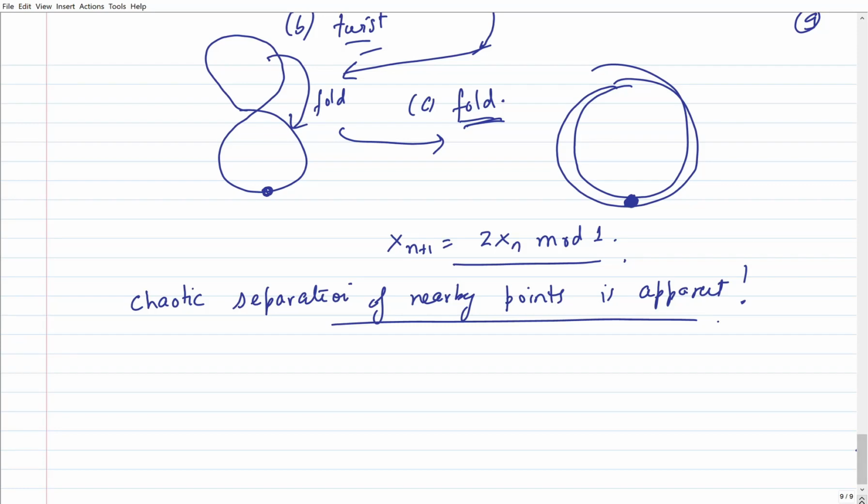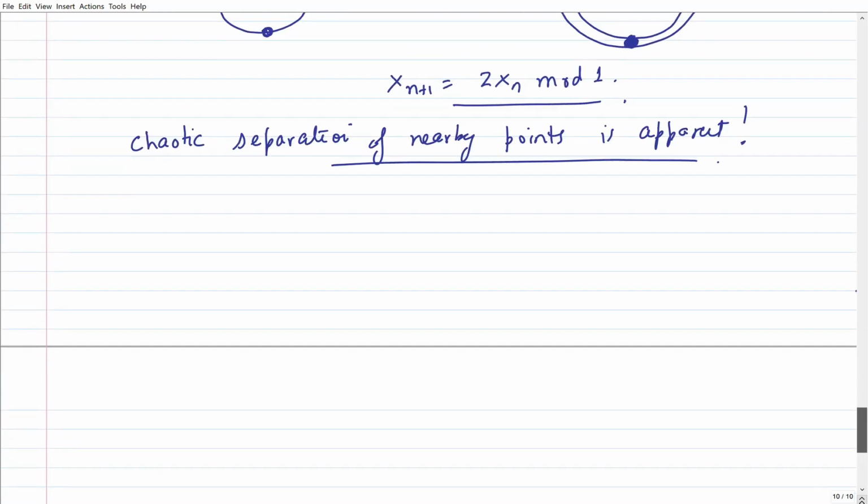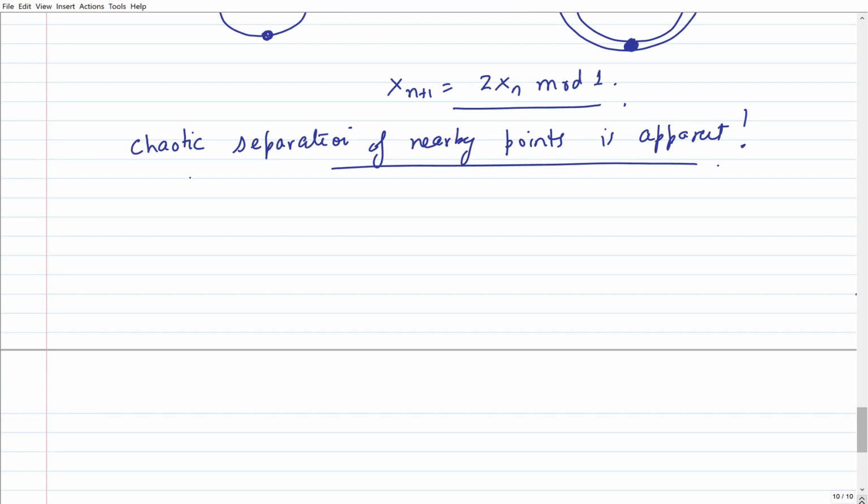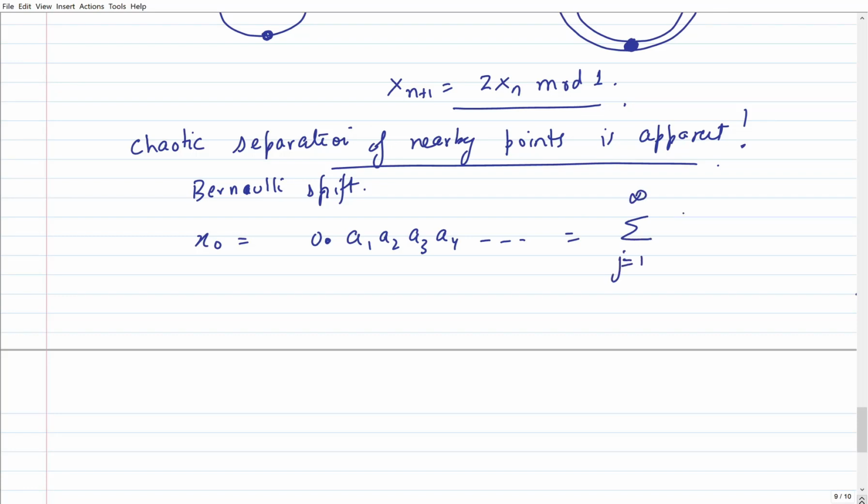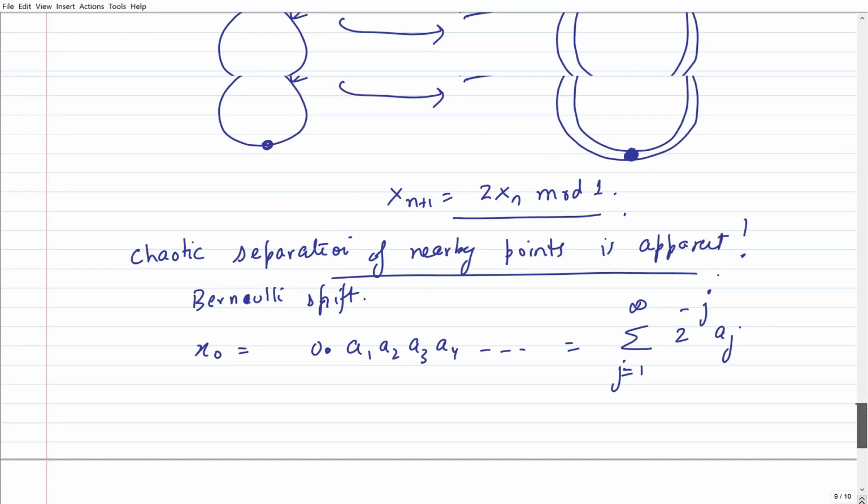And when we say that this map is also known as the Bernoulli shift, what do we mean? This map can also be viewed as starting from the representation of a point in binary. So I have A1, A2, A3, A4. That's how I am representing a point between 0 and 1.